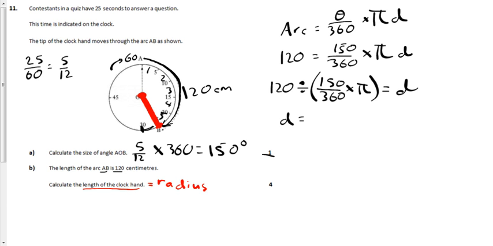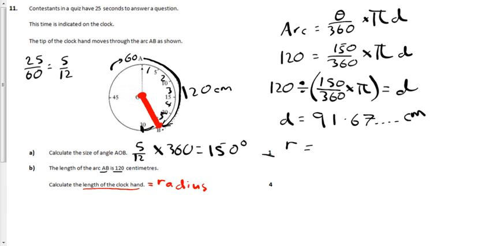So typing that in with the brackets gives me 91.67, etcetera. And that would be in centimetres. So the diameter of the clock is a little bit over 91 centimetres. The radius is going to be half of that.